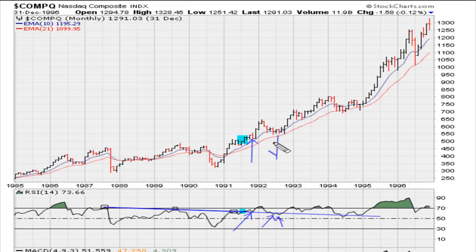Which is this period here. It took a couple of months, but eventually the market found support on the line and the price moved higher. We come here, we show uniform activity below the line, back above the line, which was these nice lows there. We come here again, we don't touch the line, but we came very close to it and went straight up.